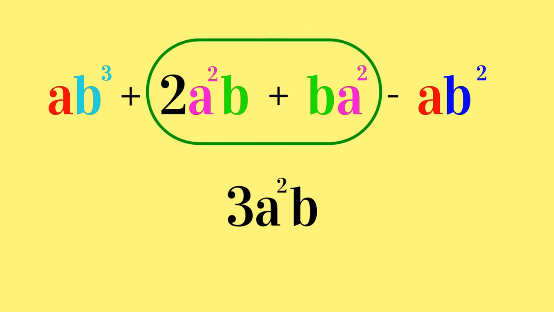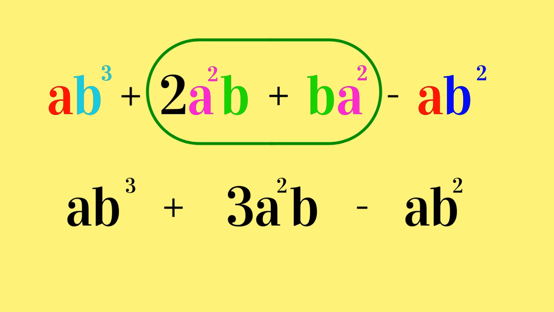None of the other terms consist of this combination, so this cannot be simplified. This gives us the final simplified expression of ab cubed add 3a squared b subtract ab squared.